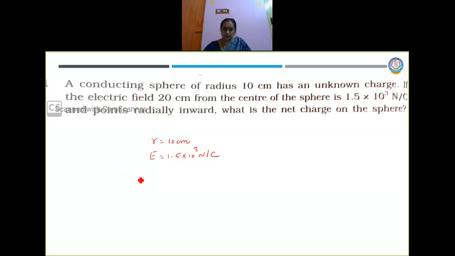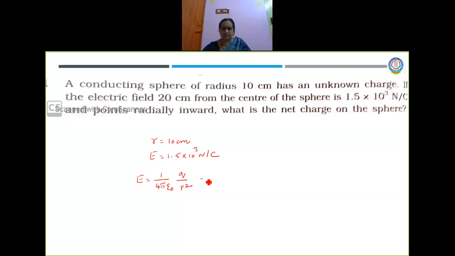So again go for the formula. E is equal to 1 by 4 pi epsilon naught Q by R square. So what is the question? What is that I should find out? I should find out the value of net charge.